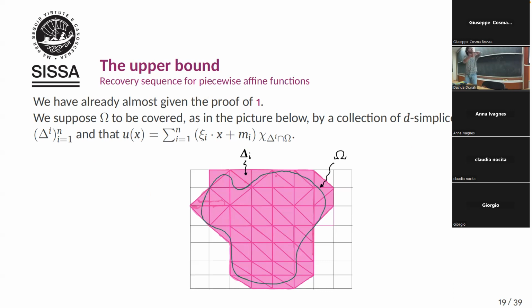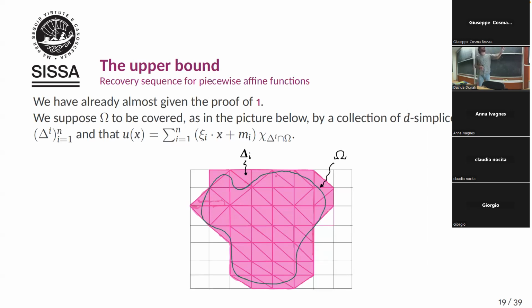So we suppose, for instance, that u is given by a function which is affine on any given simplex of a triangulation of omega. And the idea will be to redo exactly the procedure that we did before to construct a recovery sequence.